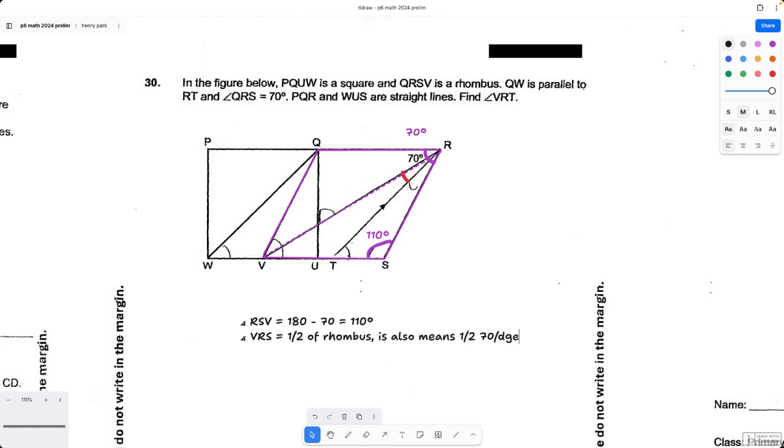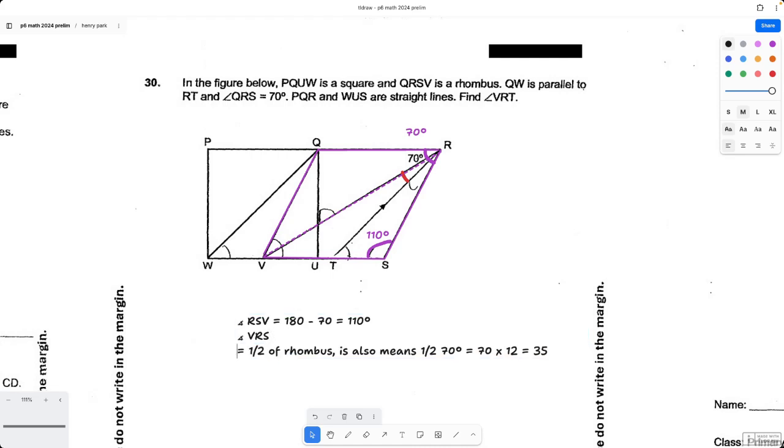That is 70 times half, which is equal to 35 degrees.